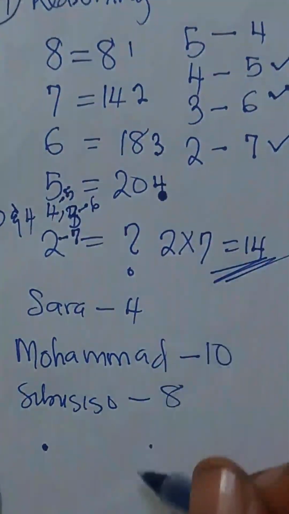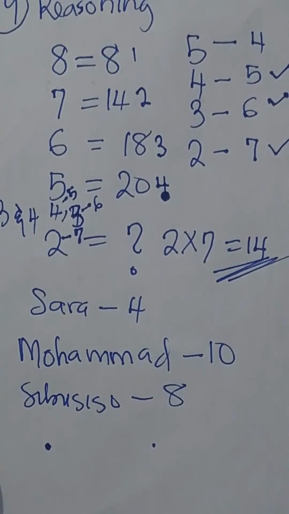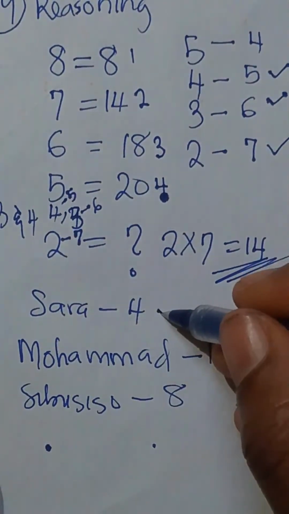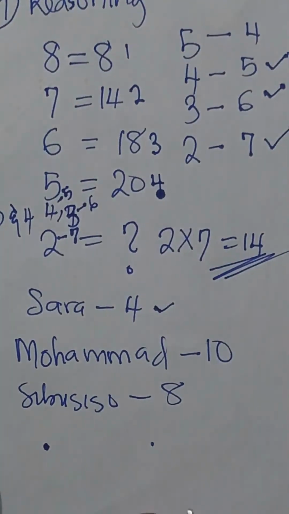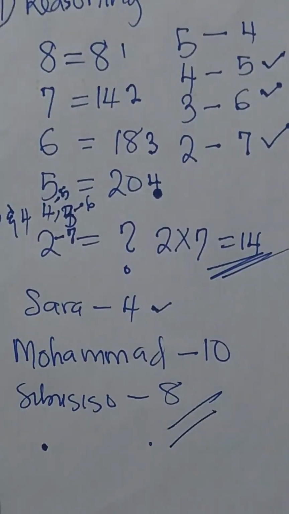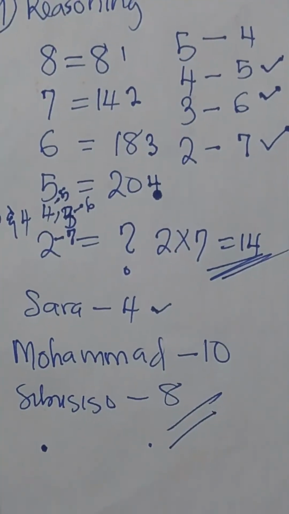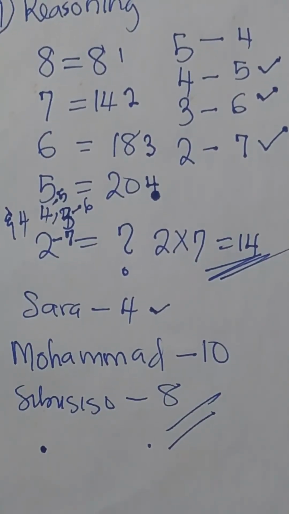So our answer is 14. I thought that was very easy. It's math reasoning. You reason it out so that you figure out how you get the answer.